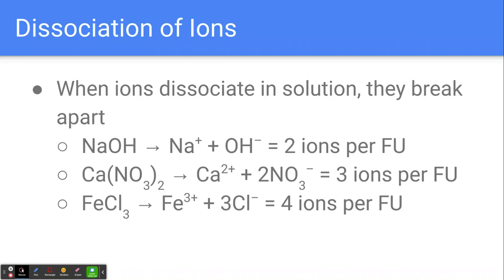You can see that based on the subscript down below the nitrate. So we get 3 total ions per formula unit. Again, formula unit just means these ionic formulas here, okay? When we dissolve iron 3 chloride, you get 1 iron 3 plus ion, and you get 3 chloride ions for a total number of 4 ions.